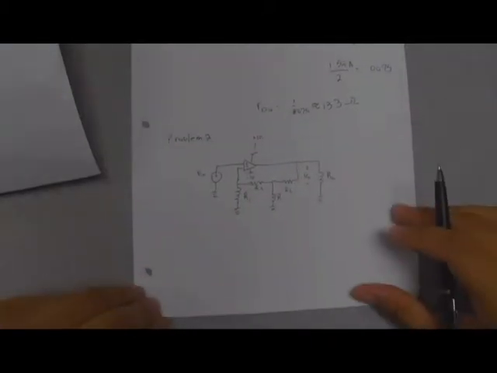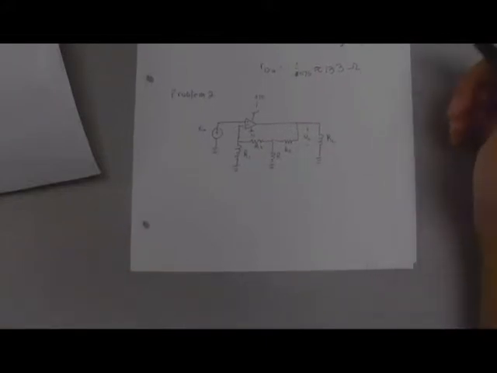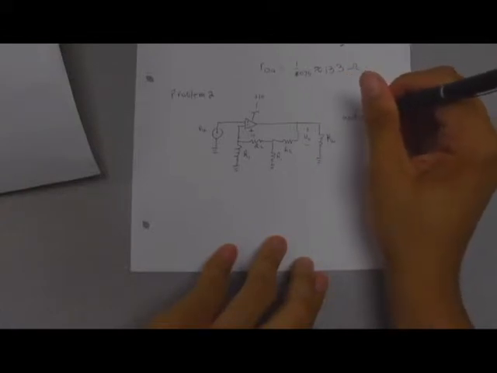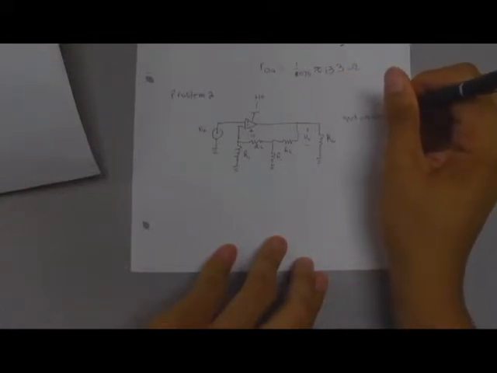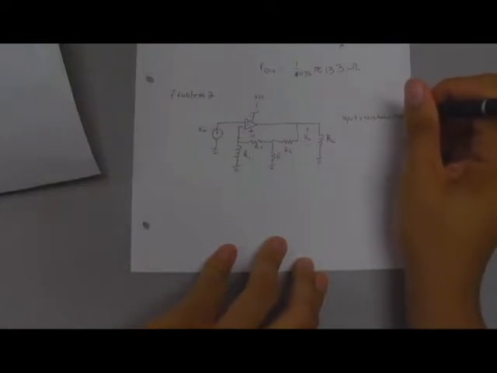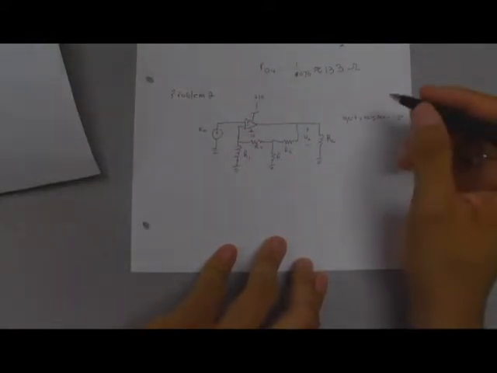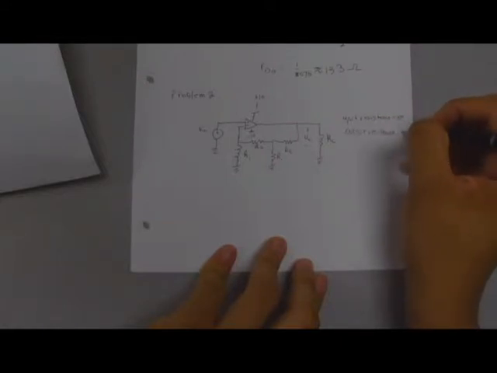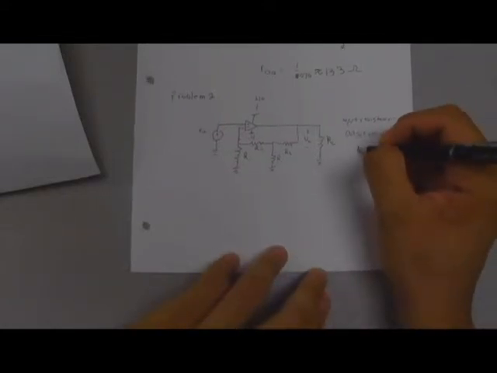Alrighty. So first thing to note is that we're using the ideal op-amp model. So that means the input resistance is equal to infinity, and the output resistance is equal to 0. And then the open loop gain A is also infinity.